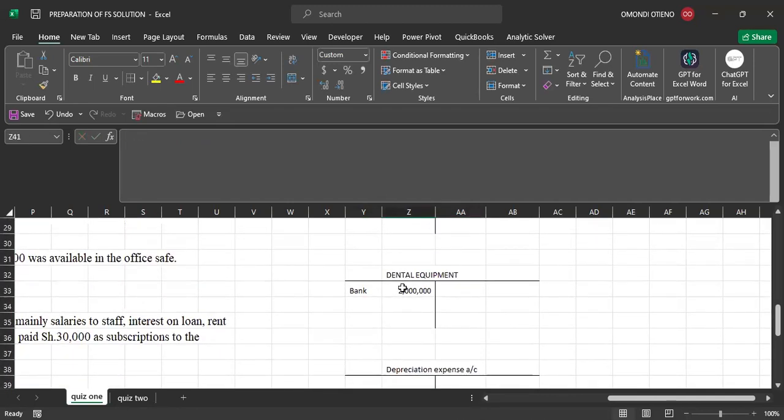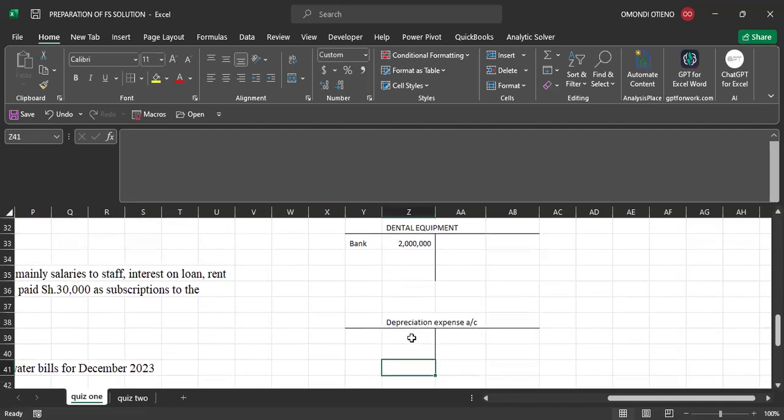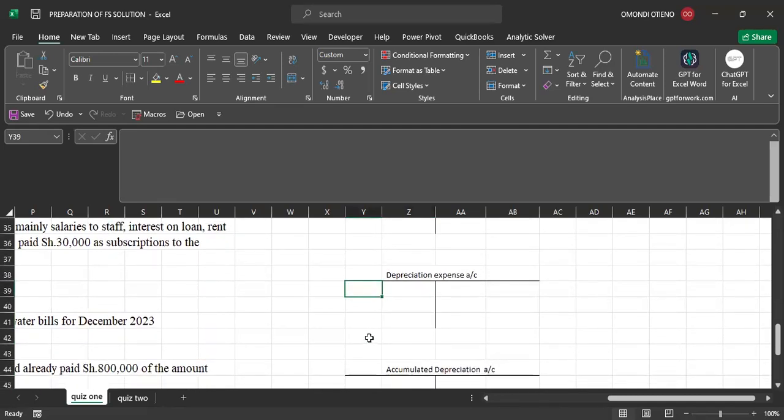So this dental equipment, we are maintaining it at cost unless we dispose or unless we purchase. We are not going to adjust anything in the name of depreciation. So let's come to depreciation expense. This one will be taken to accumulated depreciation or provision for depreciation.